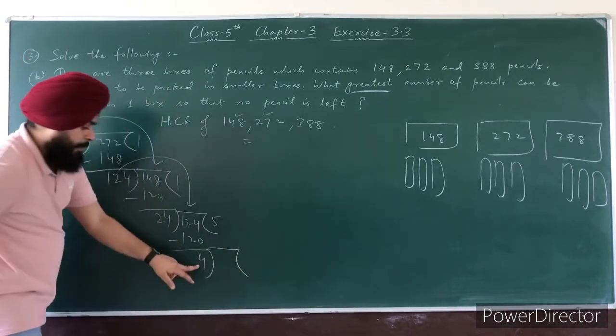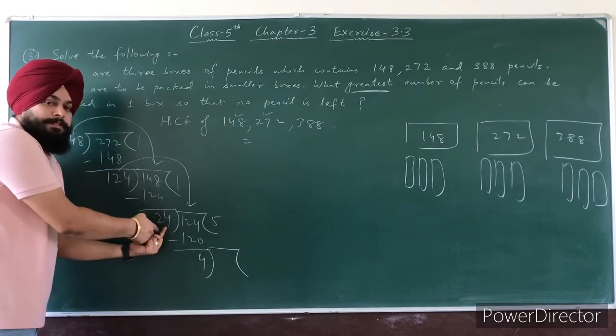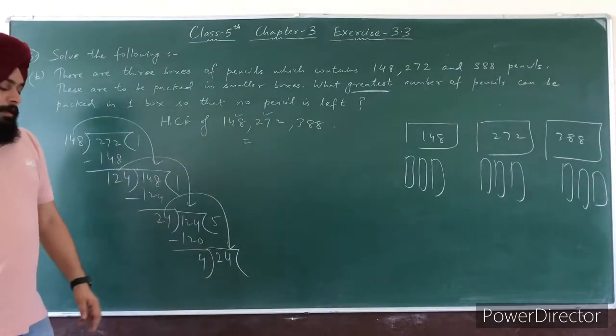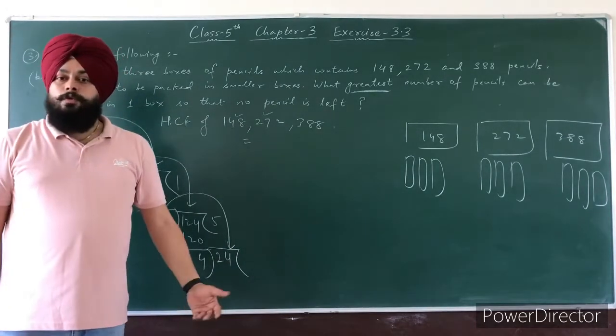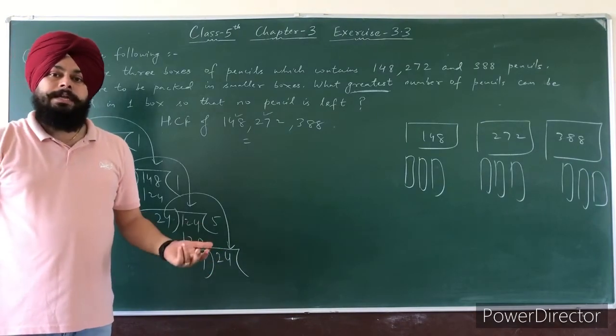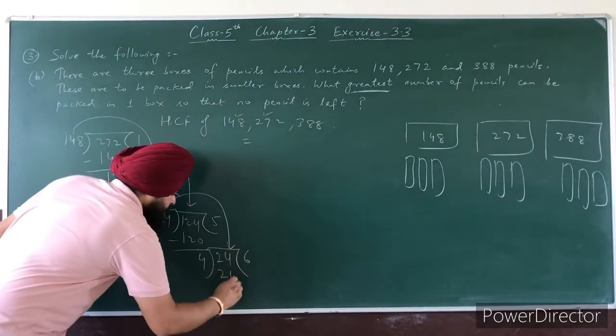Now here the remainder is 4, so it becomes our new divisor, and you will write the previous divisor as the new dividend, 24. Now you will find the multiples of 4. 4 ones are 4, 4 twos are 8, 4 threes are 12, 4 fours are 16, 4 fives are 20, and 4 sixes are how much? 24. So write here 4 sixes are 24.